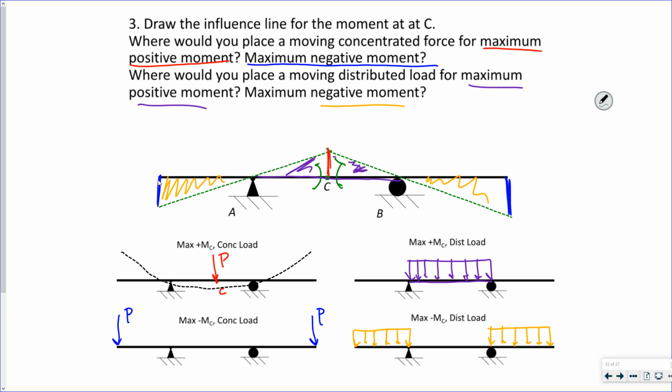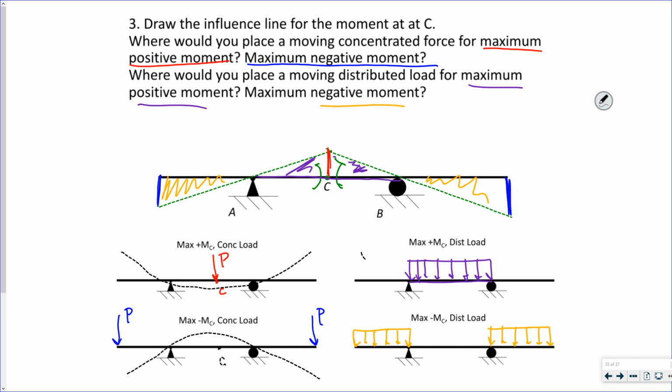So yeah, I'm going to have bending moment maximum probably right in the middle, right there at C. If I applied these two loads on the outside, my displaced shape would look like that. Now I have negative bending moment, right? It's frowny face. Frowny face. So at C, I have maximum negative bending moment.